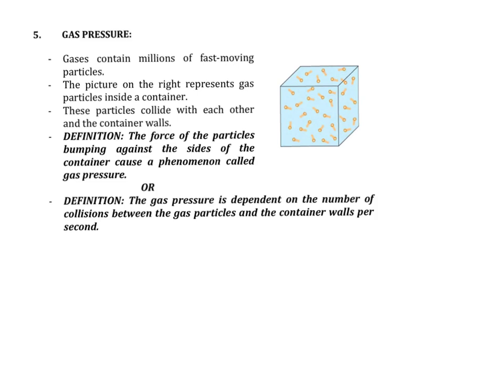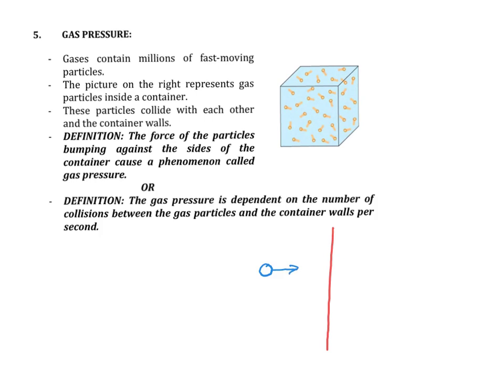Now, to explain where the pressure comes from, I'm going to do a small diagram here. So let's assume that this is the side of that container. So it's the container wall. And we're going to look at just one little gas particle moving at a high speed. We would never be able to see this with the naked eye, but we can imagine this particle coming in at a high speed.